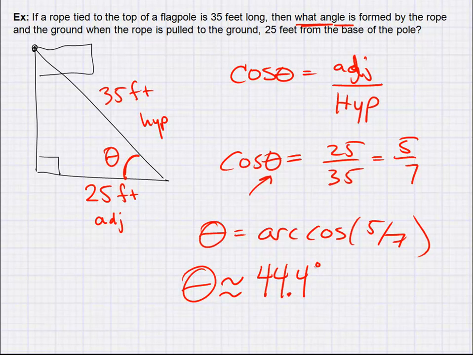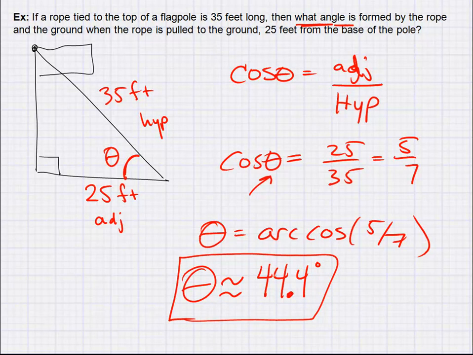Okay? For most problems, I want you to give me the exact answer, especially if it says find the exact value. For these word problems, however, I am perfectly fine with you giving me an estimated answer, because that's a more realistic answer that would make most sense to you.